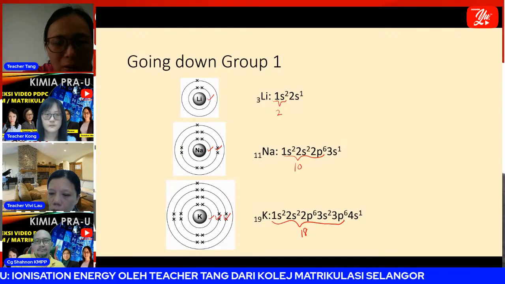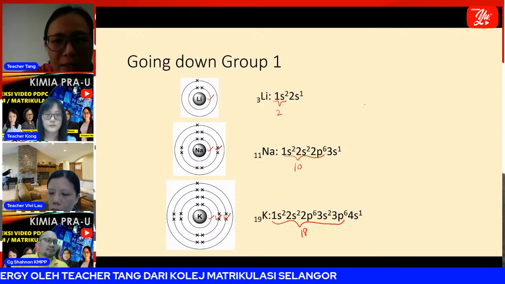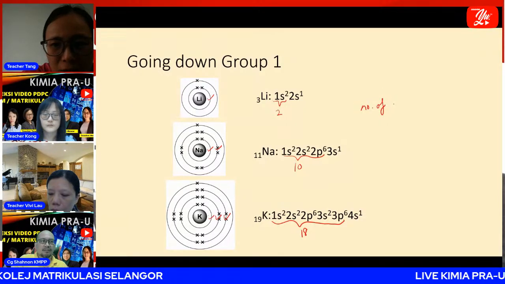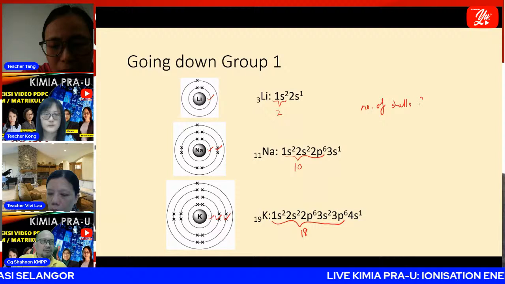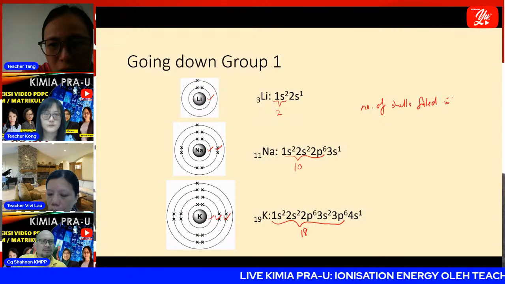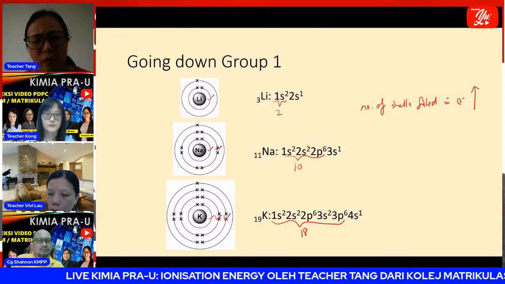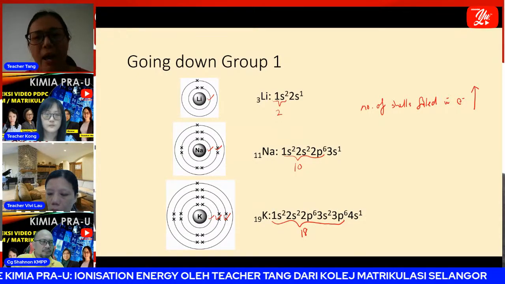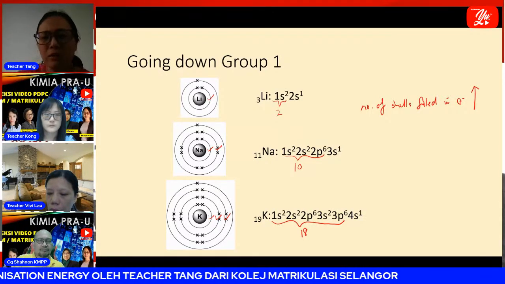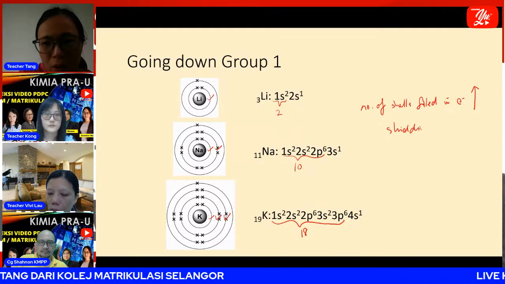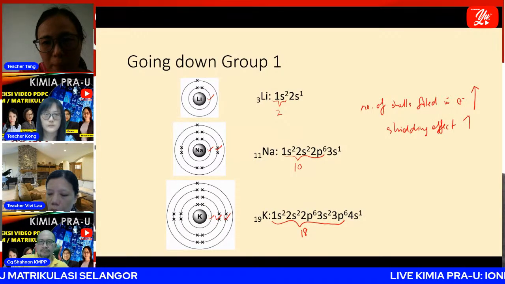So as we go down the group, the number of inner shells filled with electrons increases. So when the number of inner shells filled with electrons increases, it means that now the shielding effect will increase as well.